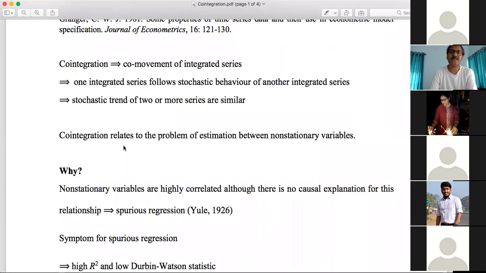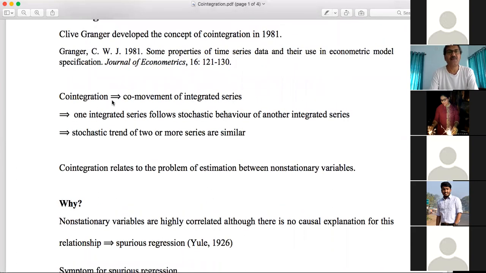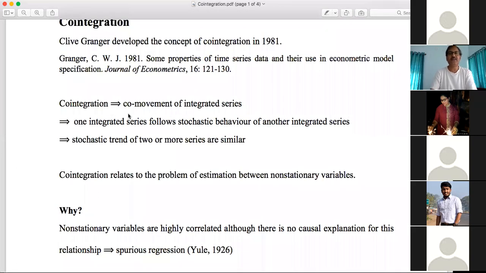At that stage we can understand why we need this concept, to eliminate the problem in estimation. So co-integration means co-movement of several integrated series, or several time series with unit roots. In other words, when time series variables with unit roots follow a similar stochastic trend, we can say they are co-integrated.